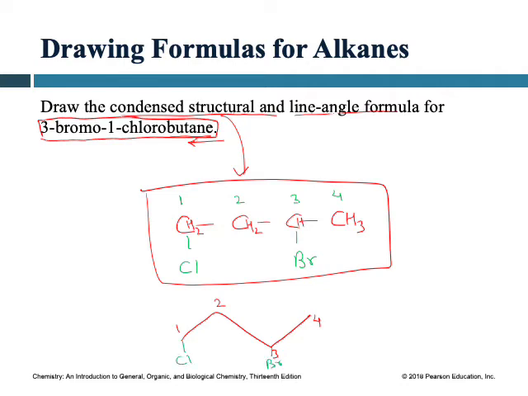So this is your line angle formula for 3-bromo 1-chlorobutane. So I would suggest whenever you're going to write or draw the structure, always start from the parent chain first. Draw the parent chain first, and then after that draw the substituents. That will really help you to draw the structure.